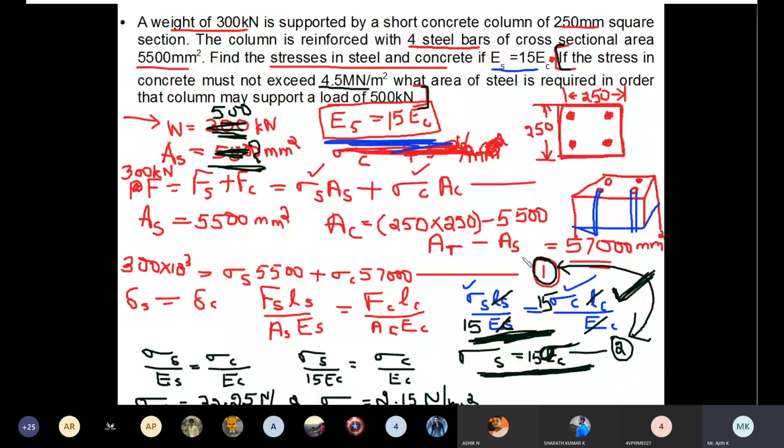If sigma C is 4.5 Newton per mm square, and force is 500 kilonewton, you have to find out the area of steel. What is the area of steel?